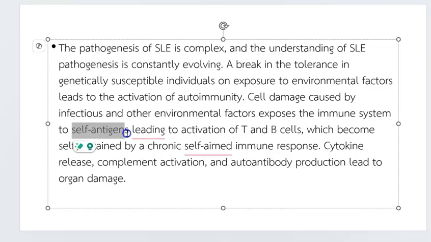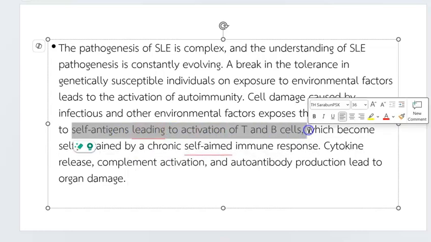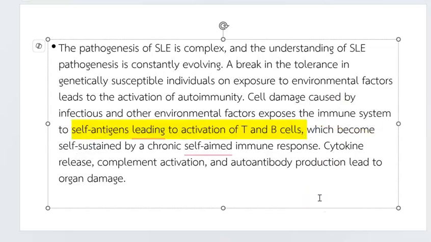So it's a self-antigen problem, leading to activation of the T cells and B cells. So we know we're activating a pathway there, and that becomes self-sustained by a chronic autoimmune response. The cytokine release, the complement activation, and the autoantibody production lead to these organ damages.